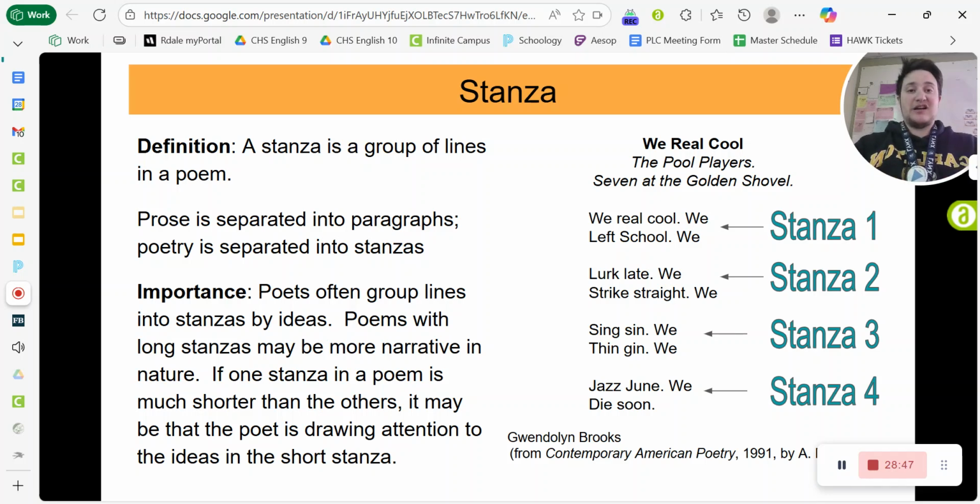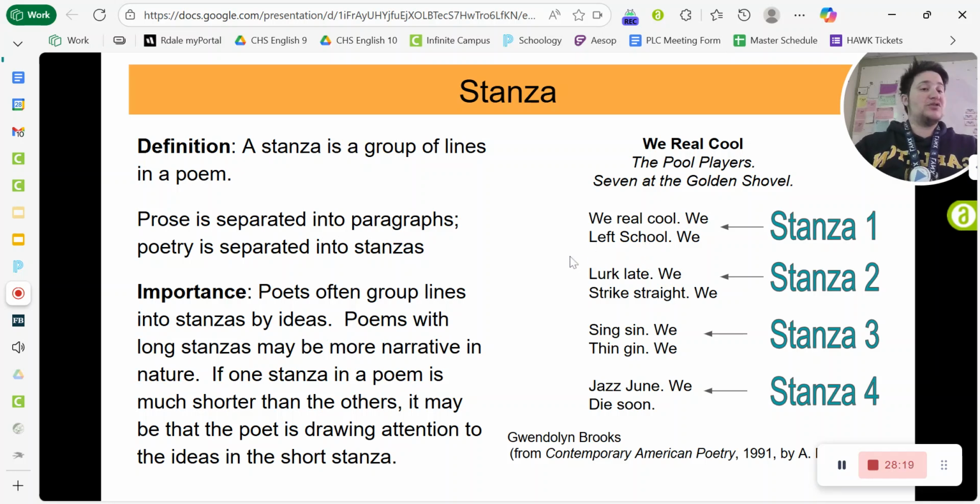So a stanza is similar to a paragraph. A stanza in poetry is a group of lines that are linked together. You can see on the right here an example of a poem called We Real Cool. You can see it has a pair of lines and then a pair of lines, pair of lines, pair of lines, with a gap between each pair. So each pair is a single stanza.